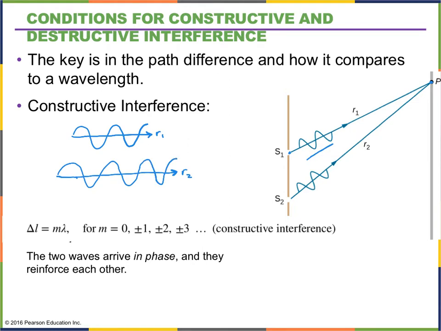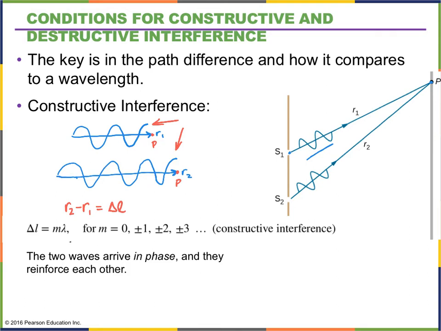Even though more wavelengths are fitting on the path, they still are at the same sort of phase when they get to point P, because at the end of that ray is when they get to point P. So like this would be P, and this would be P. So the R2 minus R1 is what we call the path difference, the difference in the path.